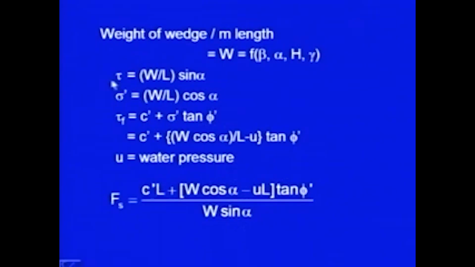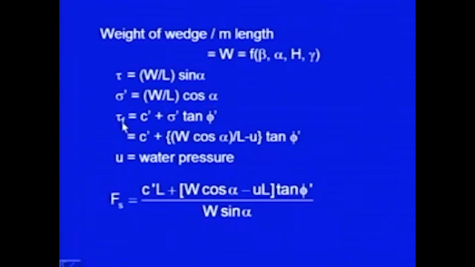So, shear stress becomes W sin alpha upon L into 1, that is nothing but W upon L into sine of alpha. The normal component will be W cos alpha, and again it has to be divided by the area along which the sliding is taking place, and that area is L into 1. So, the normal stress becomes W upon L cos alpha.